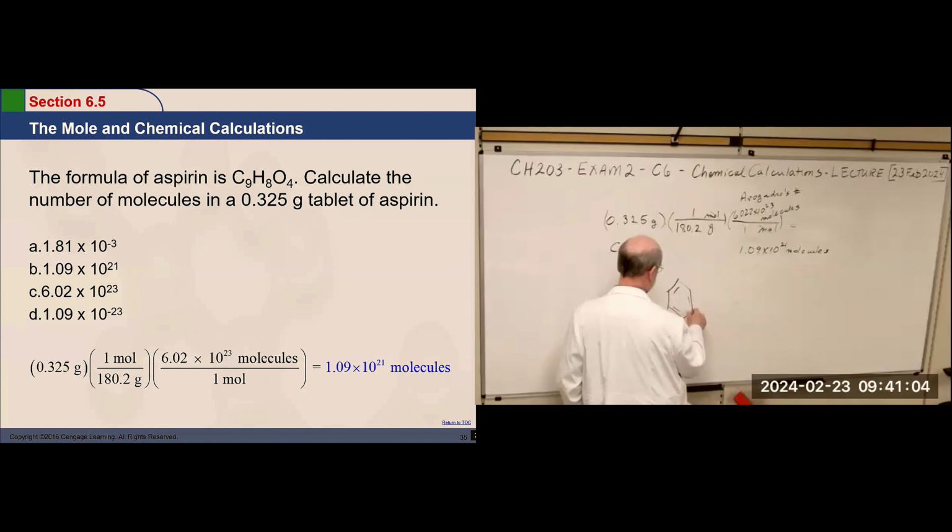Salicylic is COOH, and then CH3CO, acetyl.